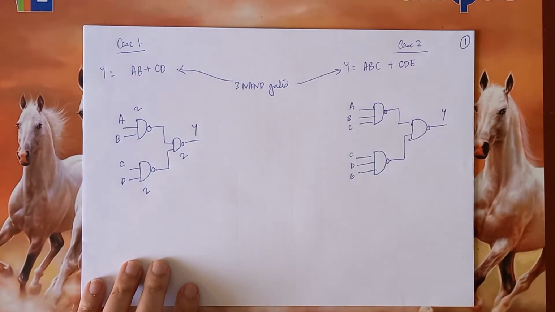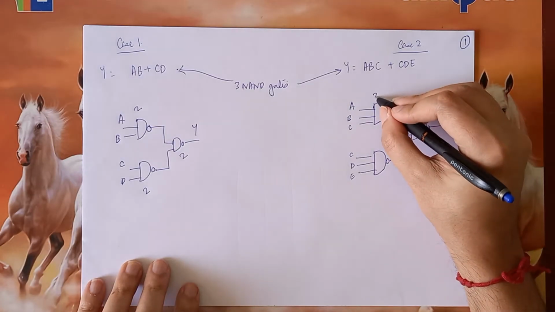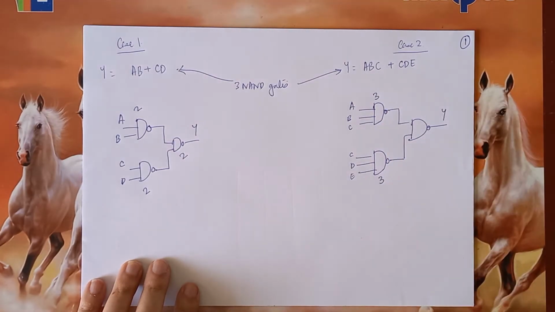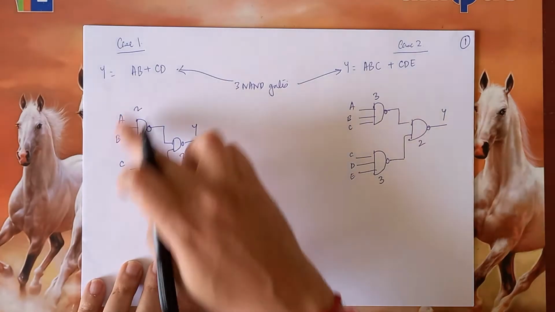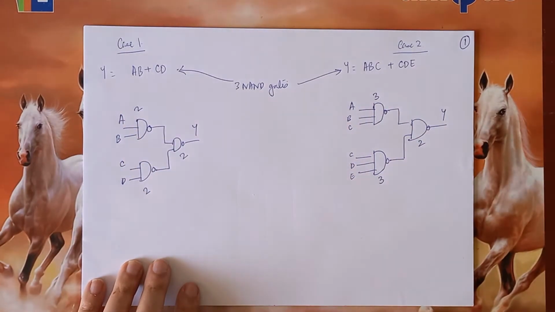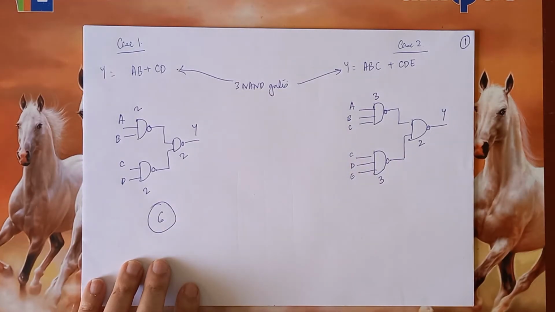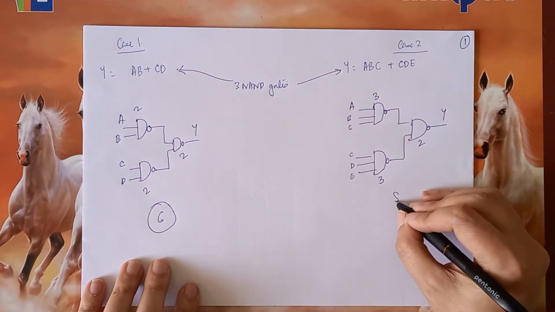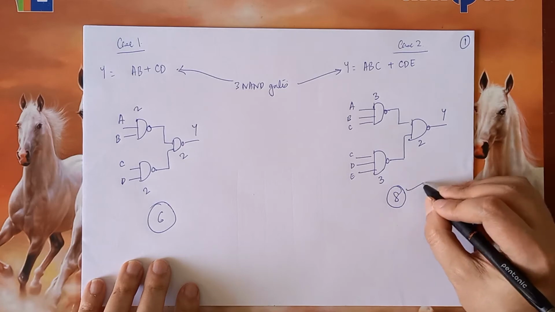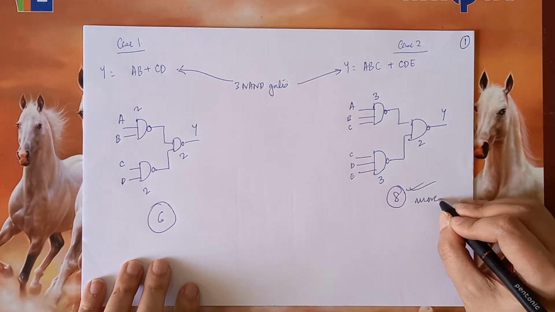Here the number of inputs is 3, here 3, and here 2. So the total number of inputs each gate sees in the first case is 6. And the total number of inputs each gate sees in this circuit is 8. So therefore, this is more complex.